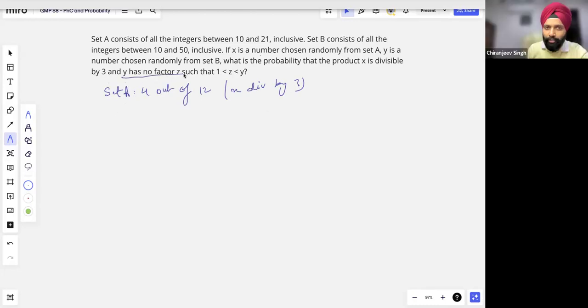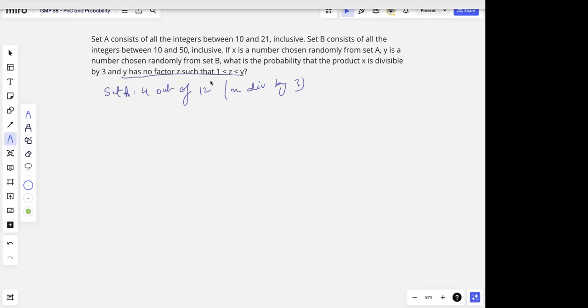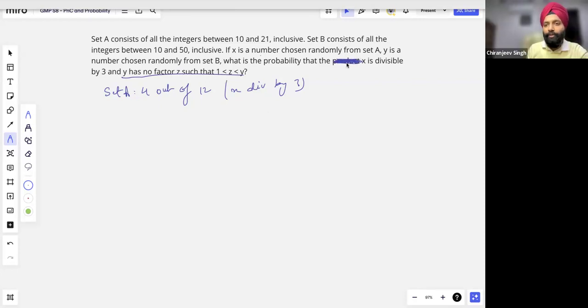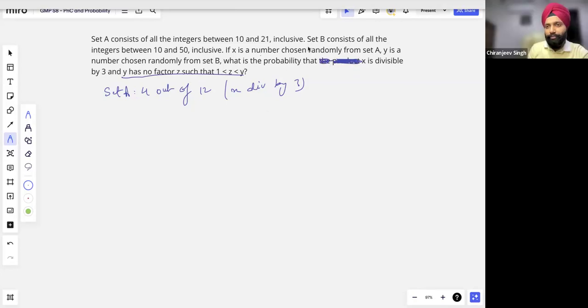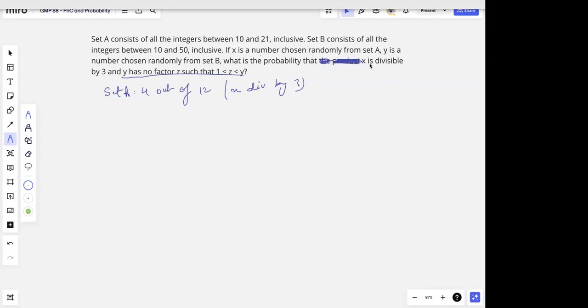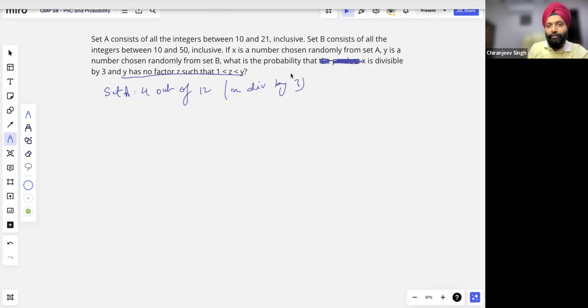You're not interested in this condition? Earlier you mentioned the product. Sorry, I forgot to remove this word. So essentially this is the question: X is divisible by 3 and Y has no factor. Naturally, there is no product here. I forgot to remove that word.